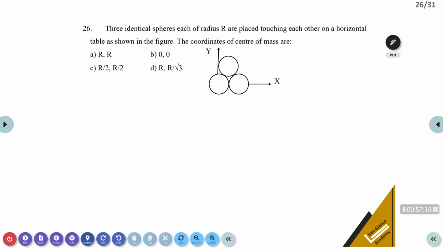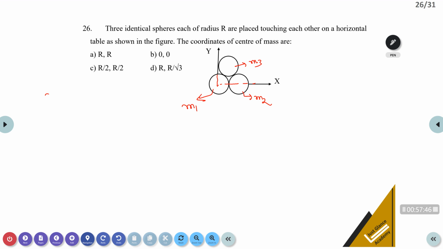Next, 3 identical spheres, each of radius r, are placed touching each other on a horizontal table as shown in the figure. What are the coordinates of the center of mass? I will extend it like this. This I will call M1, this M2, this M3.